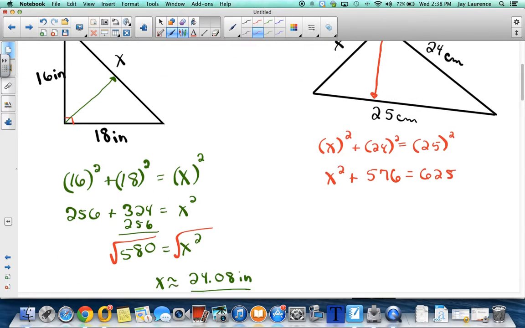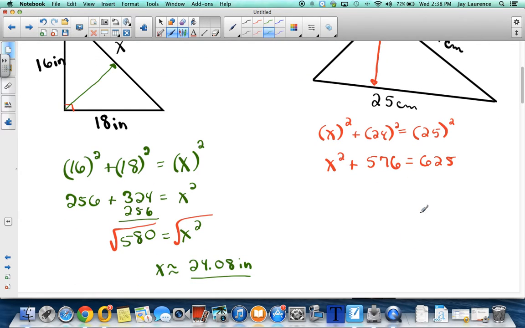Now I have a two-step equation to solve. I will take away 576 from both sides. Okay, I'll get x squared. Now, just thinking, if this was 575, I would be 50 cents away. I bet you it's going to be 49 for my answer. Yeah, I'll bet you. Yeah, 49. Now, if I take the square root of each side, what times itself is 49?